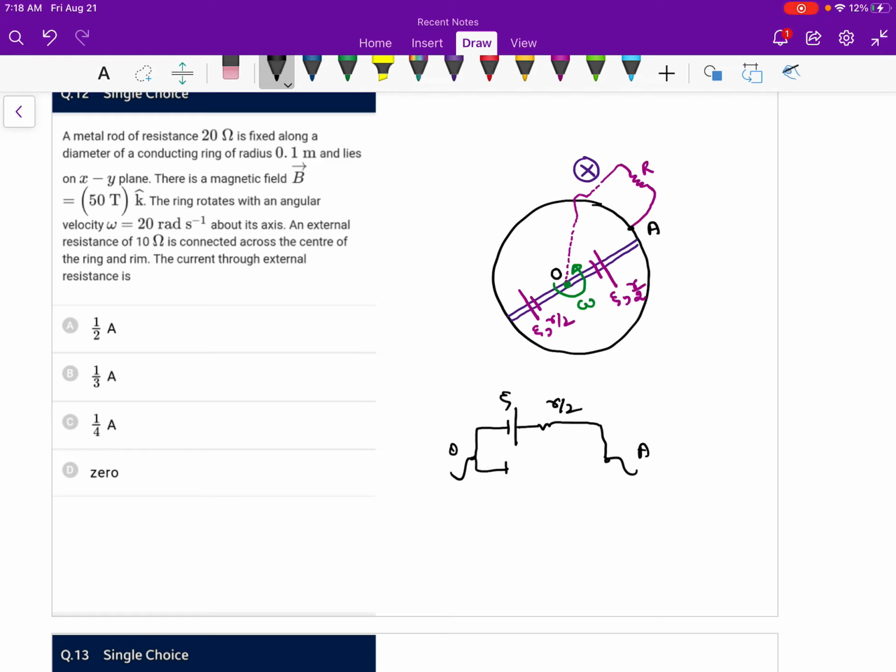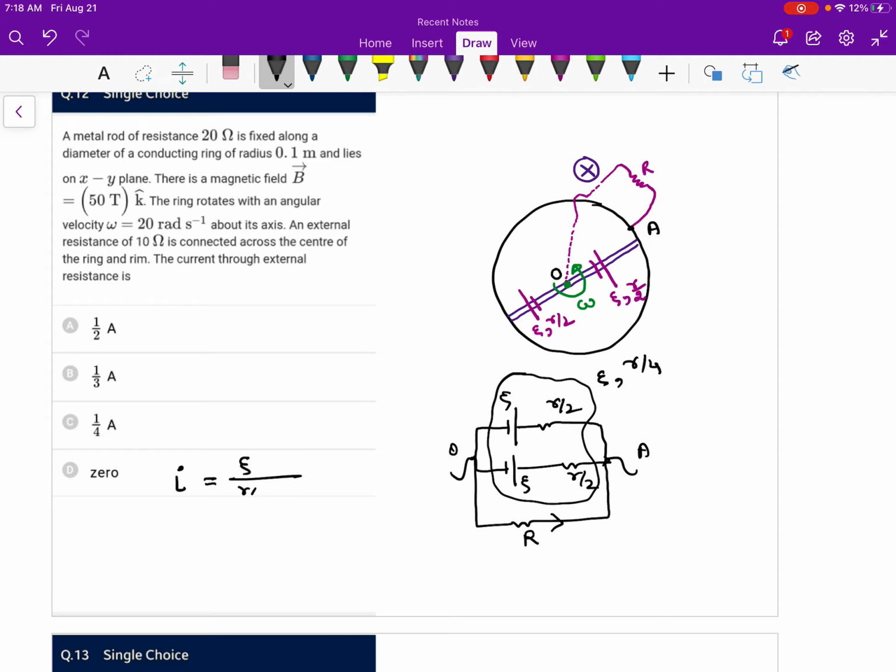There is another battery of EMF E and internal resistance r by 2. r is the resistance of the rod, and this external resistance capital R is also connected in parallel. So current through capital R: let's combine these two batteries. So equivalent EMF is E and internal resistance is r by 4. So I is E upon r by 4 plus capital R. This is the current which flows through capital R.